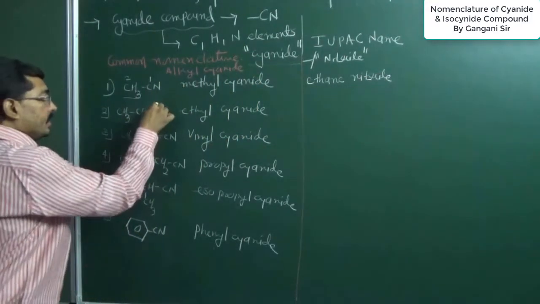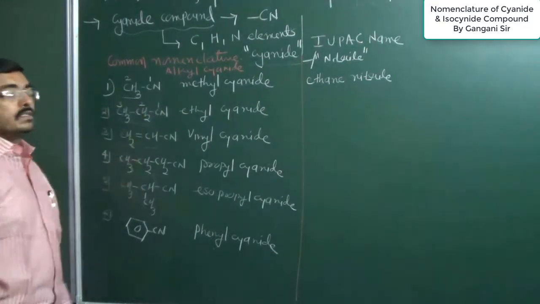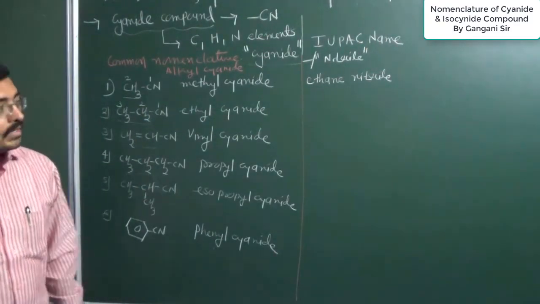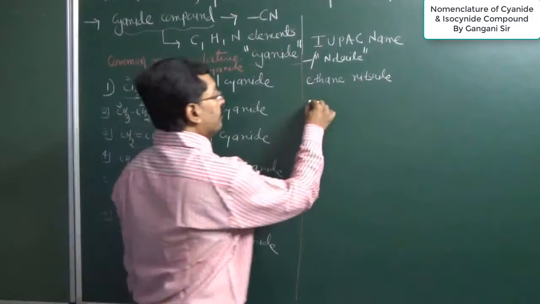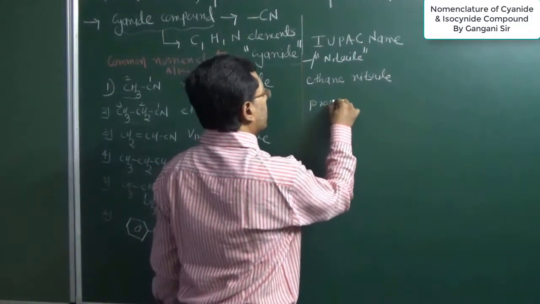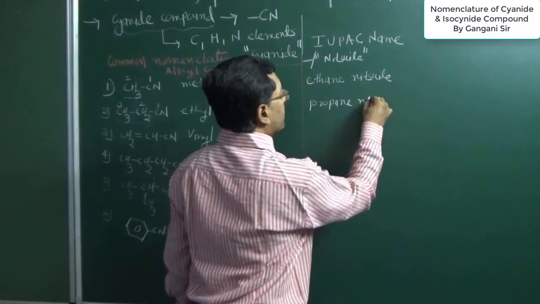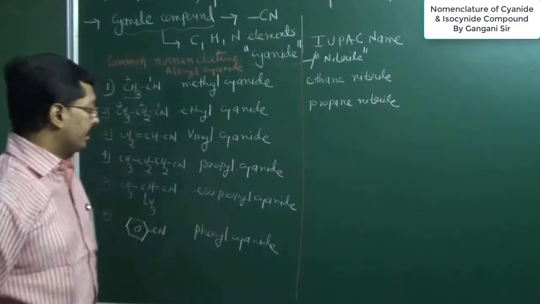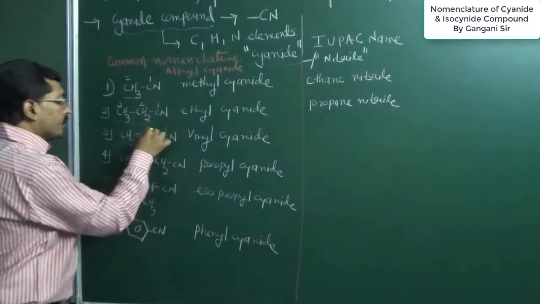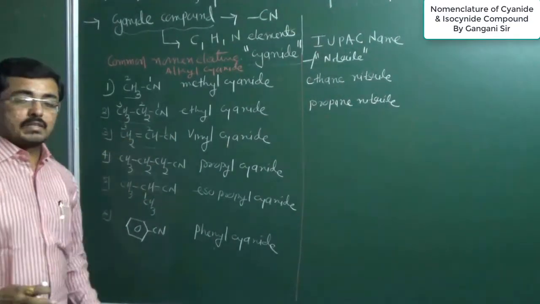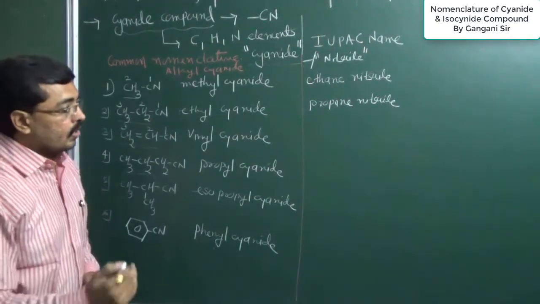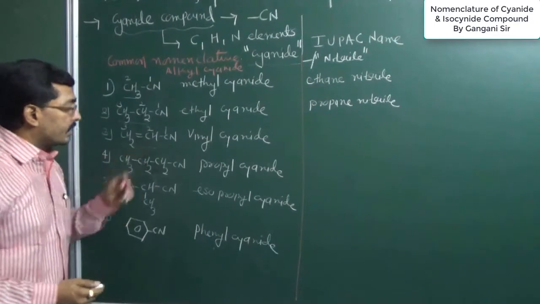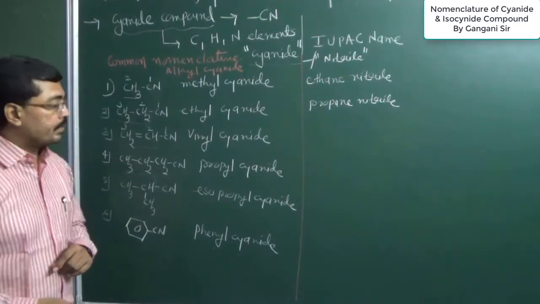Now for this structure, the long chain has 3 carbons. The alkane is propane, and the suffix nitrile is added, so the name of this compound is propane nitrile. Now for this structure, the long chain has 3 carbon atoms, and on the second carbon an alkene group is present.